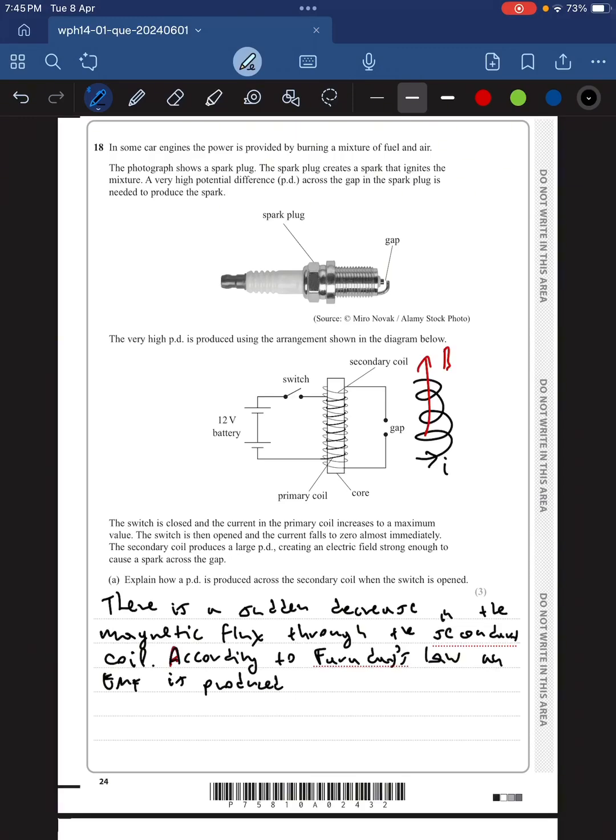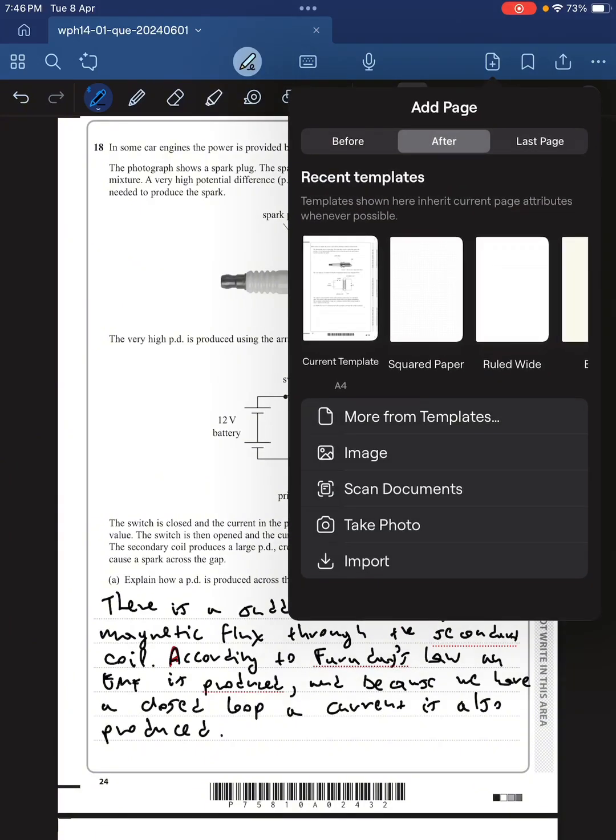An EMF is produced, and because we have a closed loop, a current is also produced.